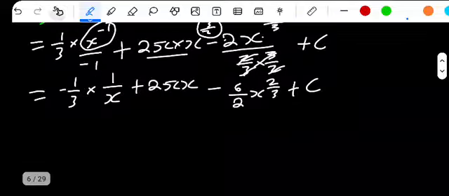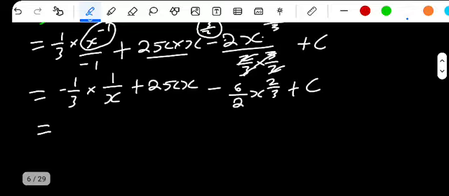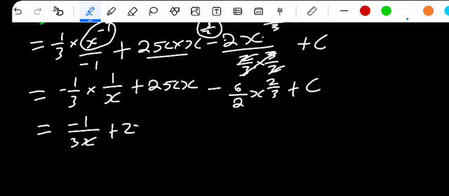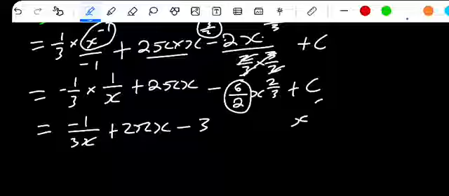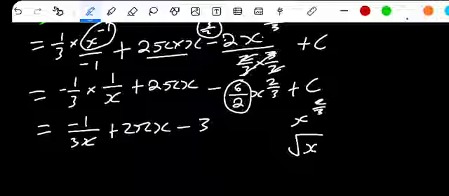So this is simply equal to 1 over negative 1 3x plus 2 pi x minus 6 divided by 2, which will be 3. So we can rewrite that: we have x squared over 3. This can be rewritten as the square root of x raised to the power of what?